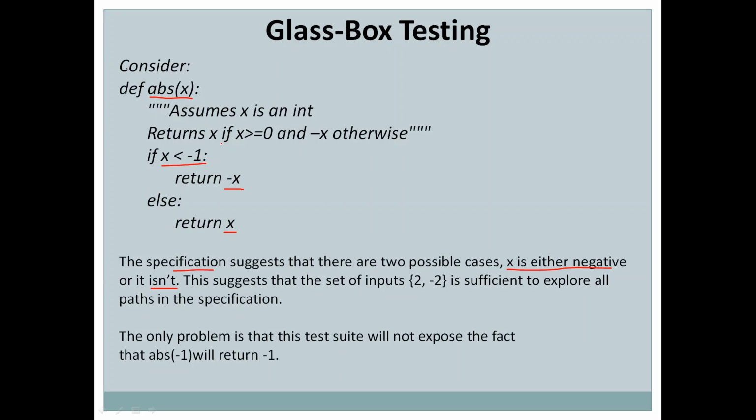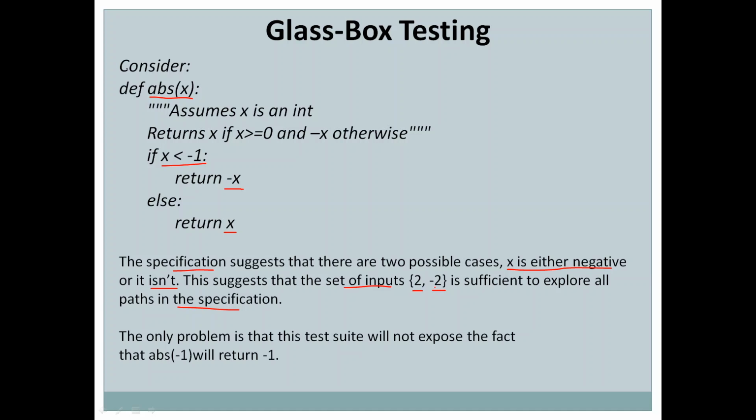So as per the specification, we have two cases or two paths, one when x is negative and the other when x is not negative. And this suggests that the set of inputs, that is 2 and minus 2, is sufficient to explore all the paths in this particular code.